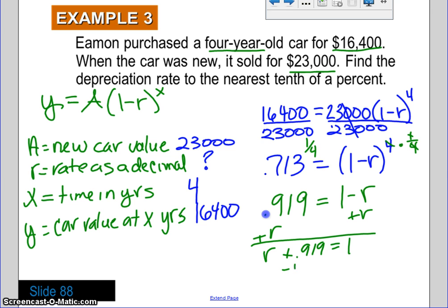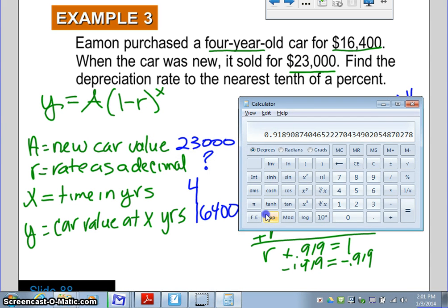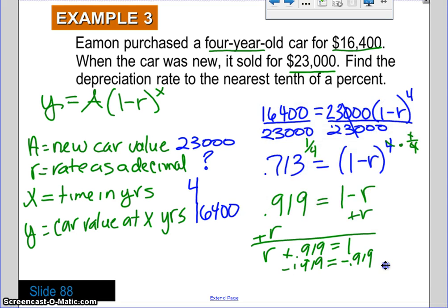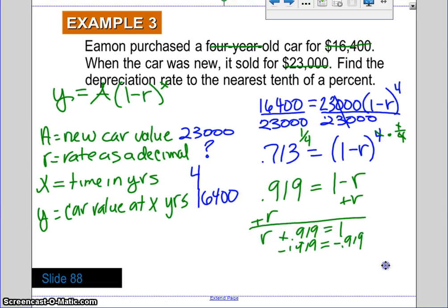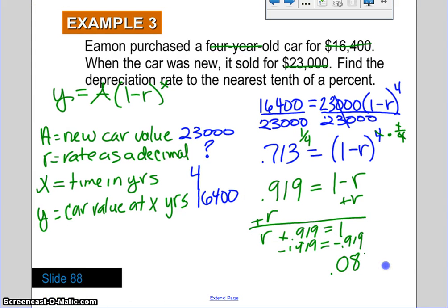We're going to subtract that 0.919 from both sides. And in the calculator, when we take 1 and subtract 0.919, we end up with 0.081 is the rate as a decimal. Moving over twice, I've got a rate of 8.1%.